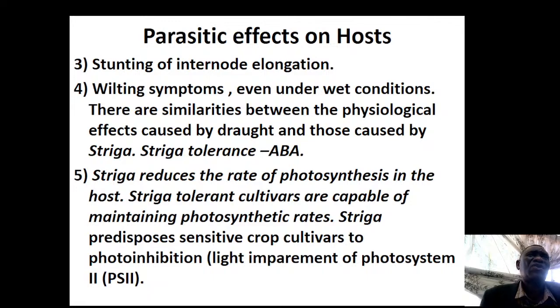Now, striga can cause stunting of internode elongation, and wilting symptoms, even under wet conditions, as you have seen on the pictures. Probably you should know that there are similarities between the physiological effects caused by drought and those caused by striga.